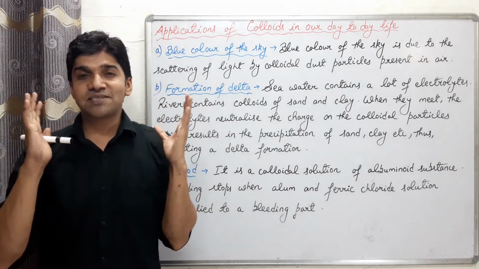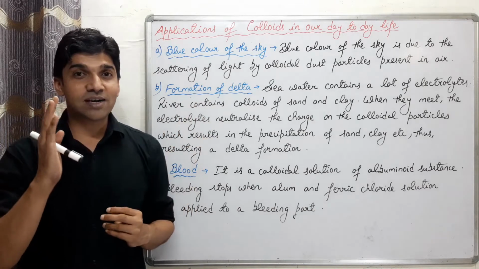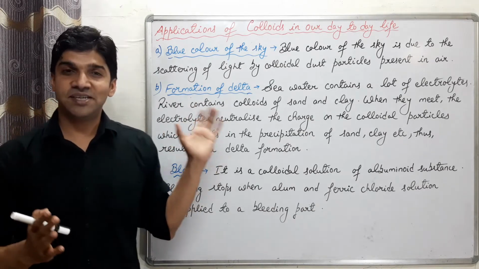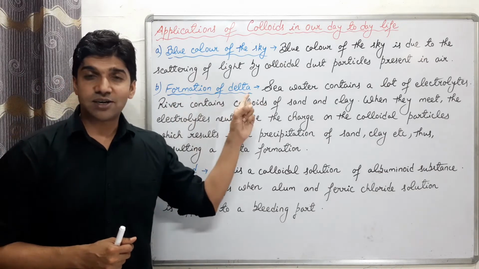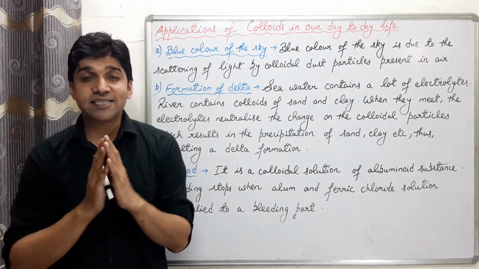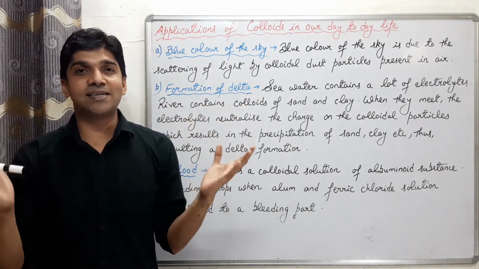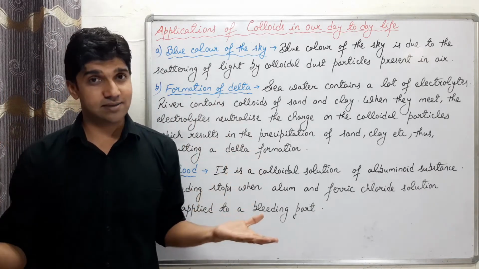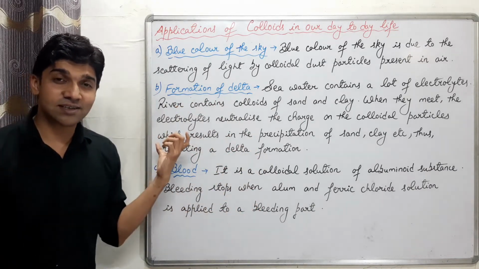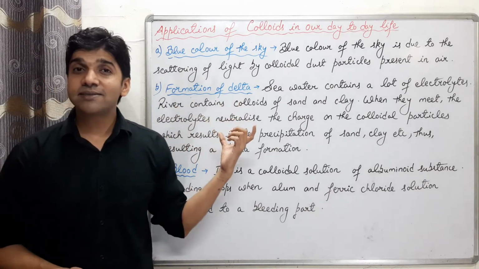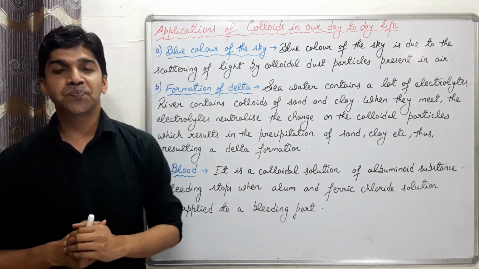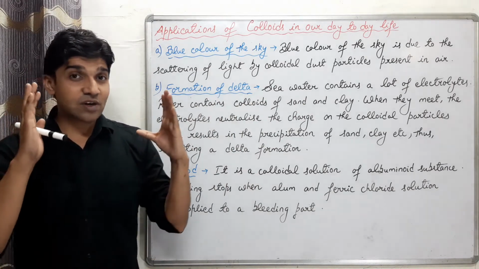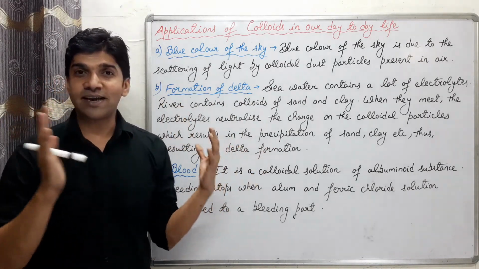So why is delta formed when the river water meets the sea water? Important है ये. So the sea water contains a lot of electrolytes in the form of salts, and the river water contains colloids in the form of sand and clay. So when the river water meets the sea water, what happens?